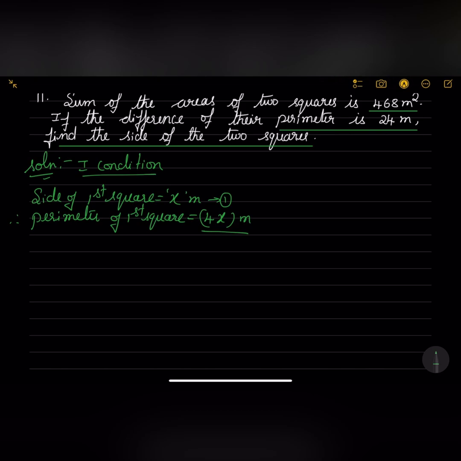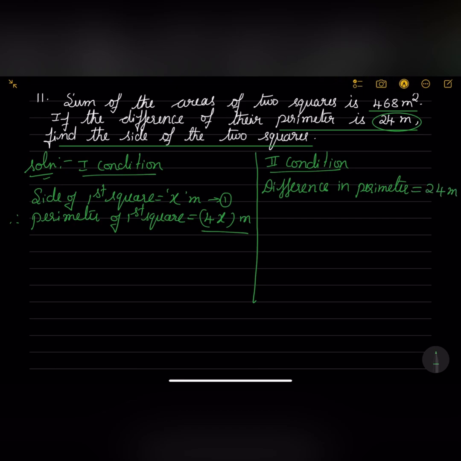And what is the second condition given for us? Let me write that also. Second condition. They have given that the difference in perimeter is 24 meters. So the difference in perimeter of the two squares is 24 meters.